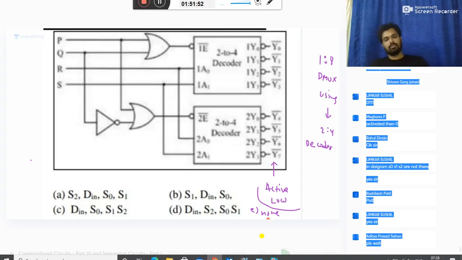Very good. Rohit. So the very simple right answer will be D, this one.